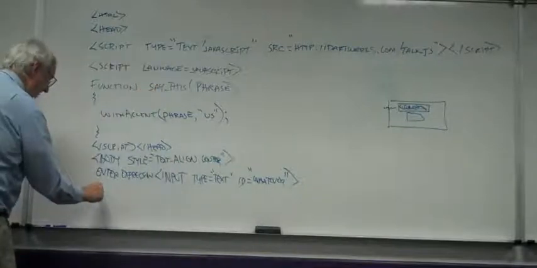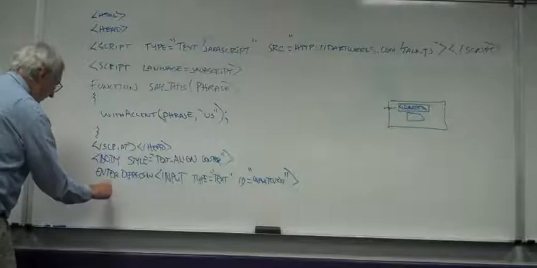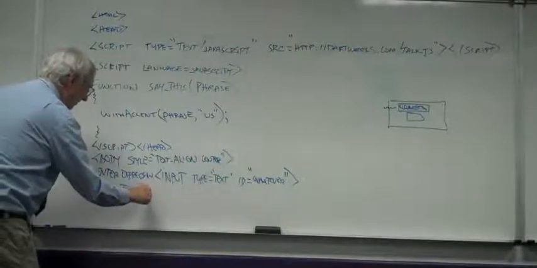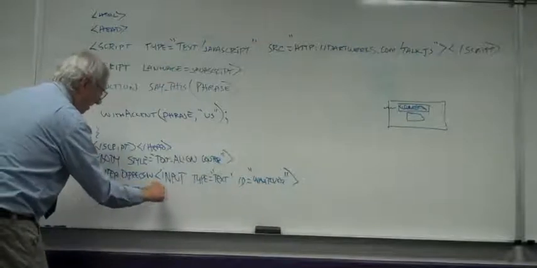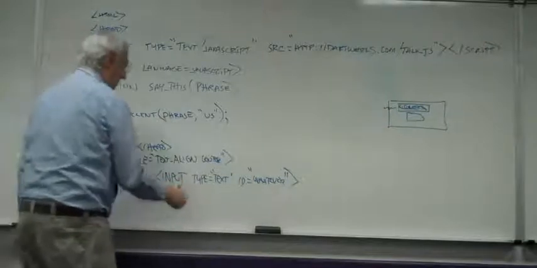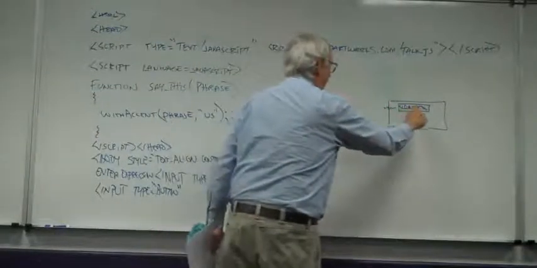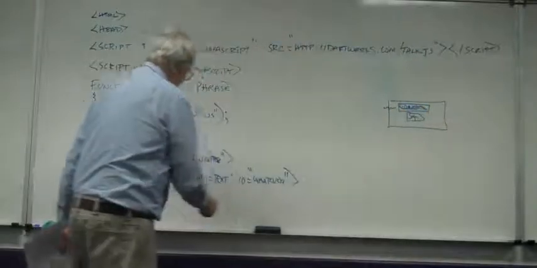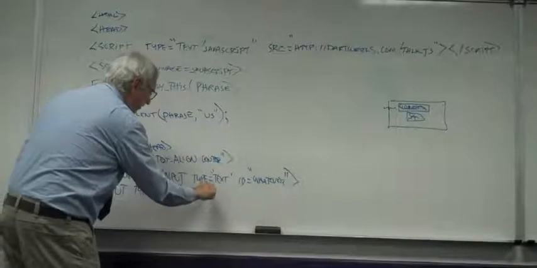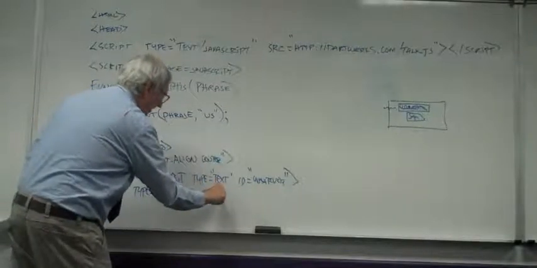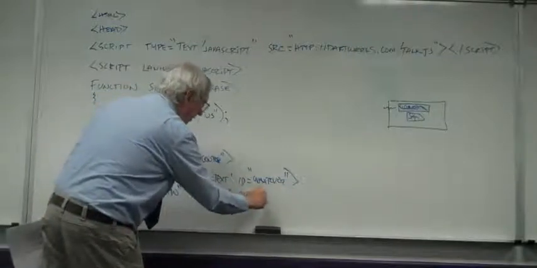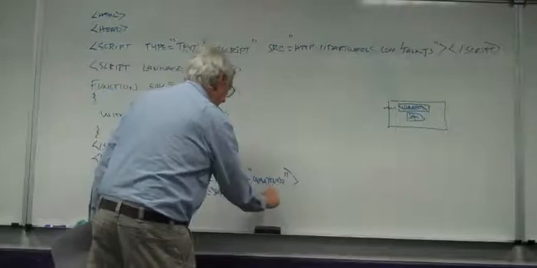So I say, okay, I got an input, type equals button. I'll say it right here, say it on the button. So I'll say value equals quote say it, and onclick equals quote.